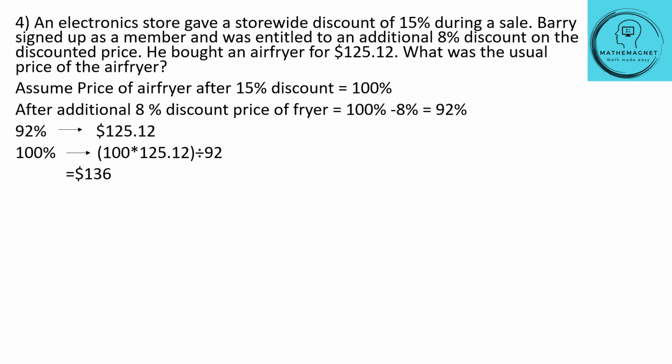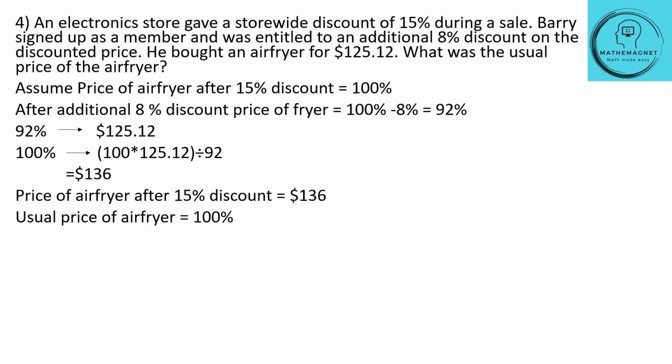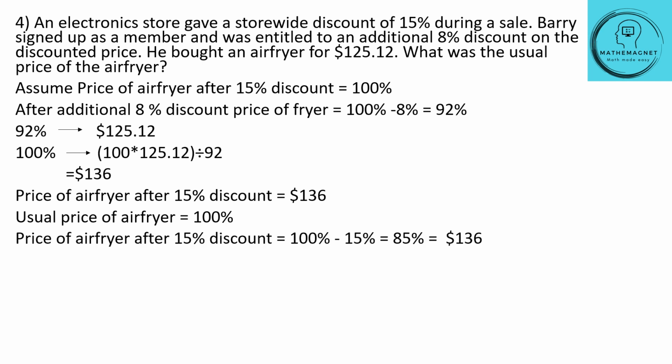Now this will be the price of the air fryer after the 15% discount. Now we need to find the usual price of the air fryer, that is the price before the 15% discount. Consider the usual price as a base value, so that will be your 100%.